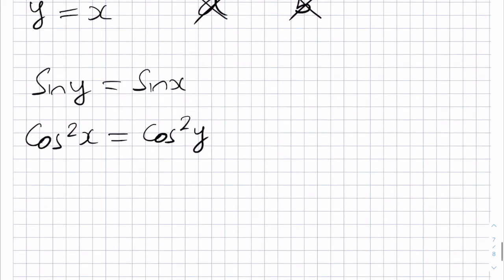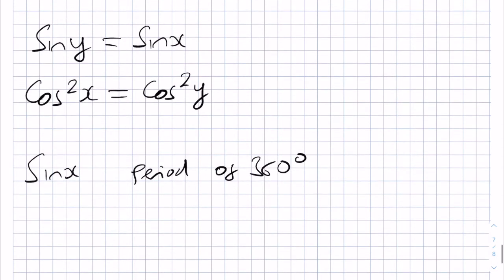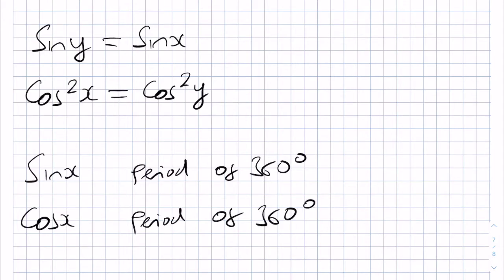For example, sin of x has a period of 360 degrees, if we're working in degrees rather than radians. Similarly, cos of x also has a period of 360 degrees.